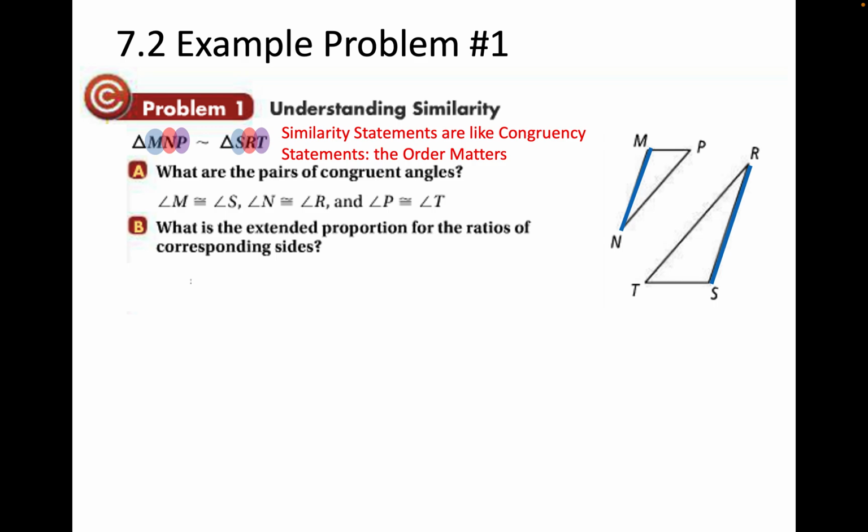LM and RS must be equivalent, and those are equivalent to the longer sides, these purple ones here, NP to RT, and that must be equivalent to these small red sides, the ratio of MP to ST. So the ratios of the sides are proportional, and the corresponding angles are congruent. Both of those things are true because these triangles are similar, and we know that both are true for similar polygons.